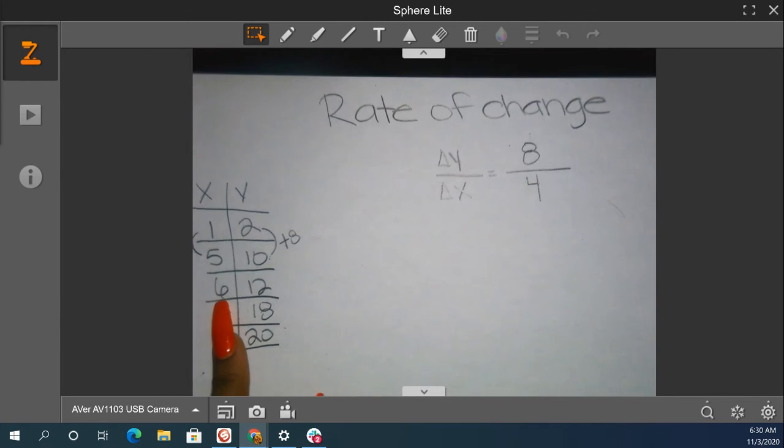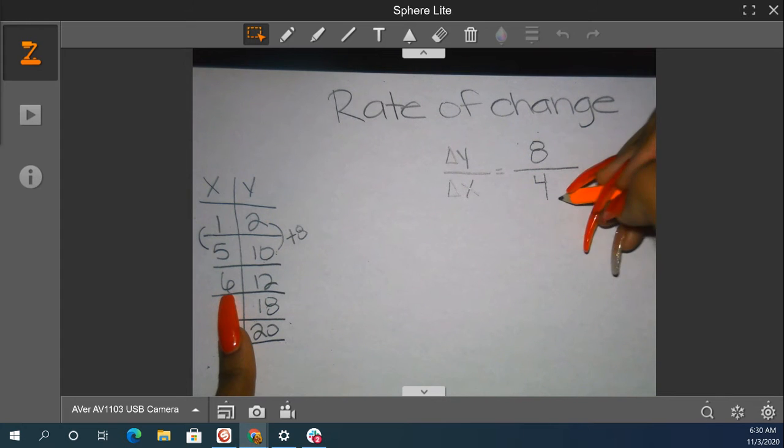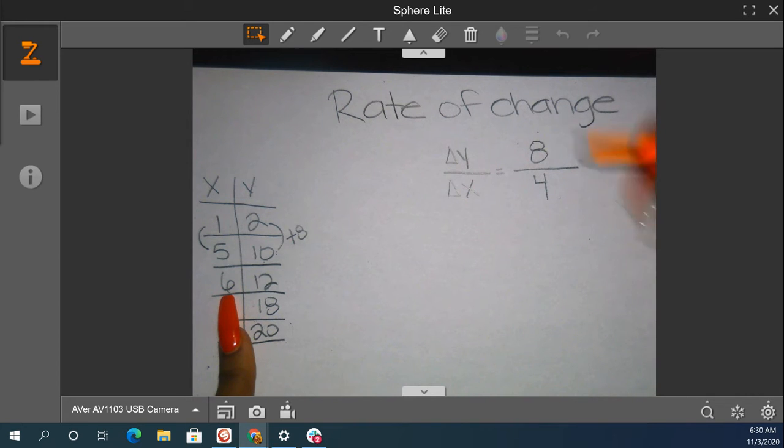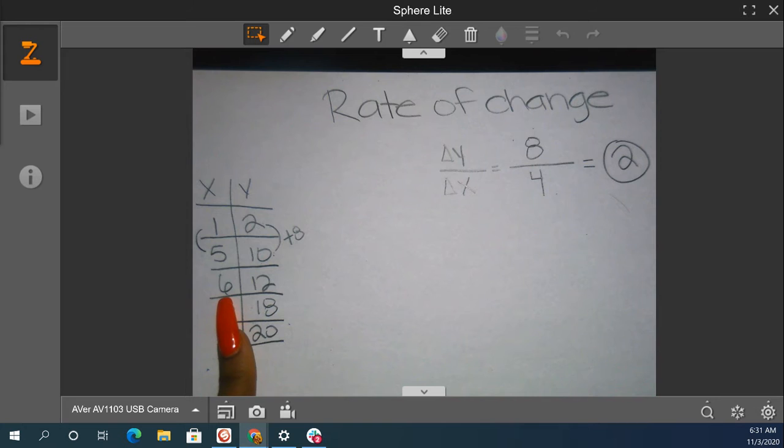And of course, 8 divided by 4, I can divide that. Remember, this line right here is a division bar. It means divide. If you can divide it evenly, you get a whole number. So 8 divided by 4 is 2. So there we go. Our rate of change is 2.